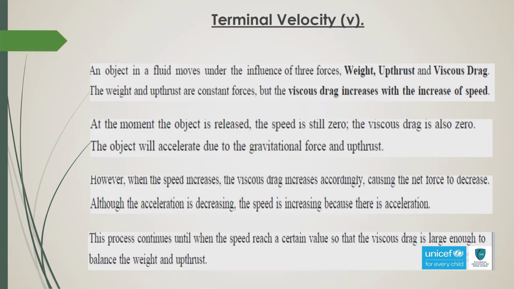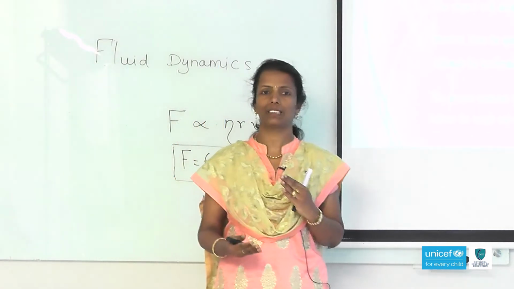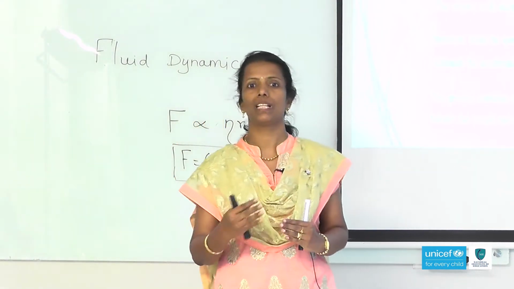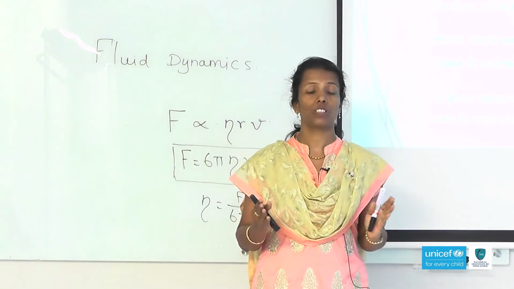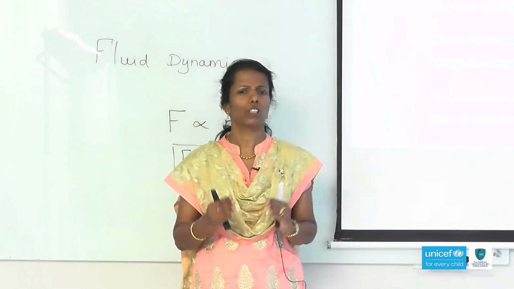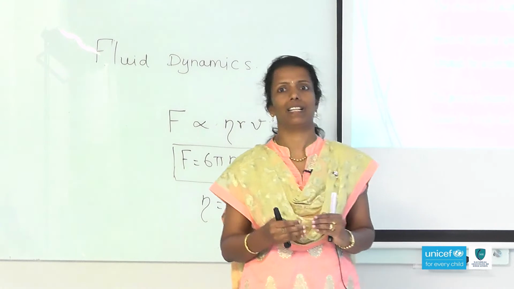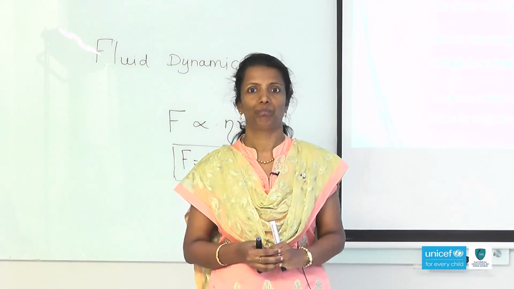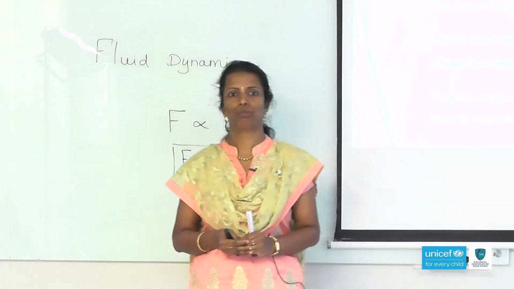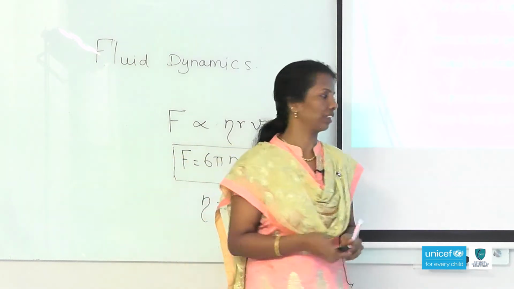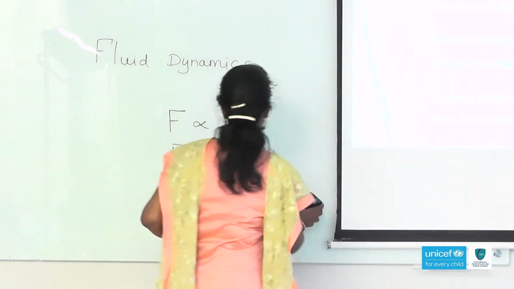At this point, people would think, okay, the upward force is increasing, acceleration is decreasing, how come the speed is still increasing? Of course, the speed is still increasing, but at a slower rate. It is still accelerating downwards, but at a slower rate. So, when will this stop? When the forces acting on the object are completely balanced. What do you mean by balance?